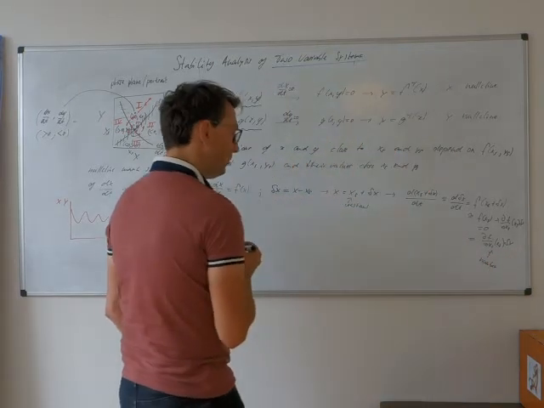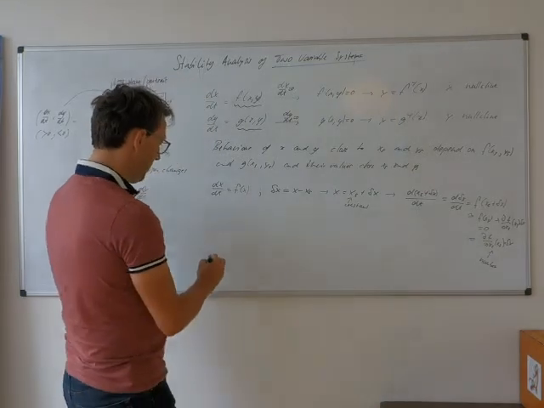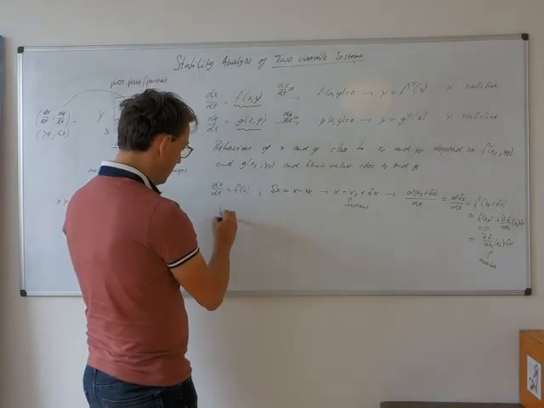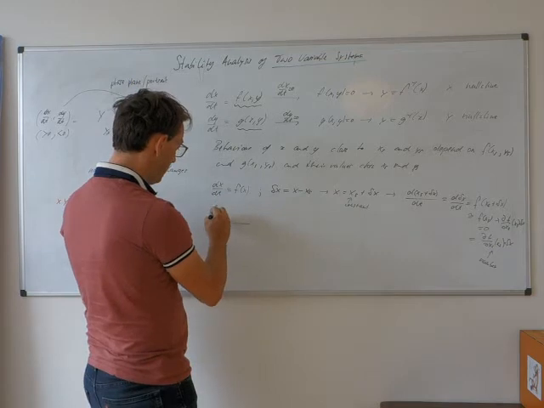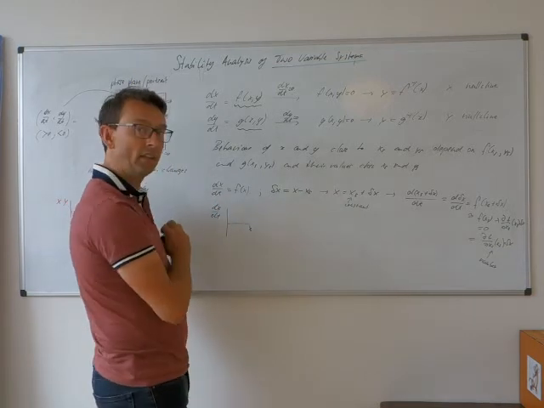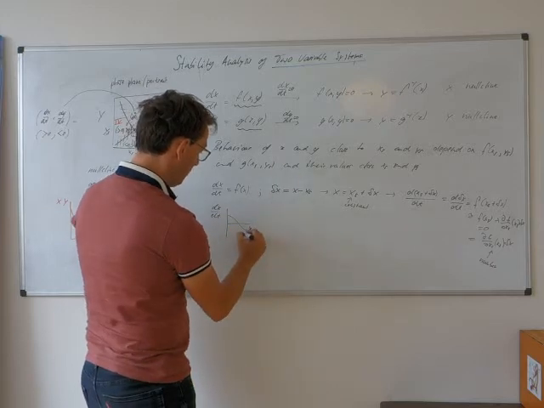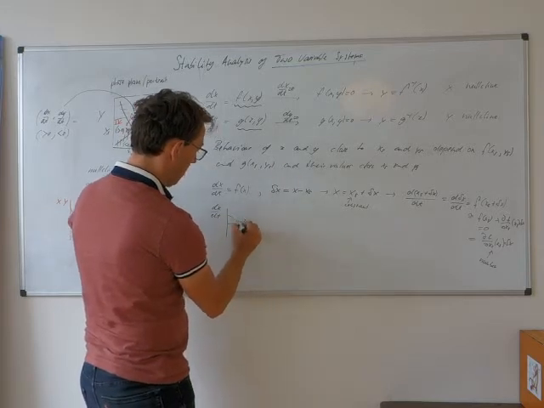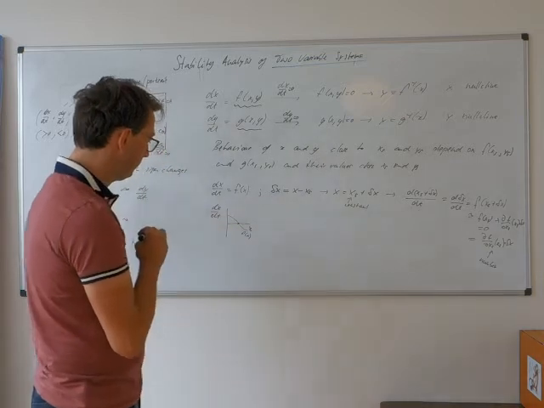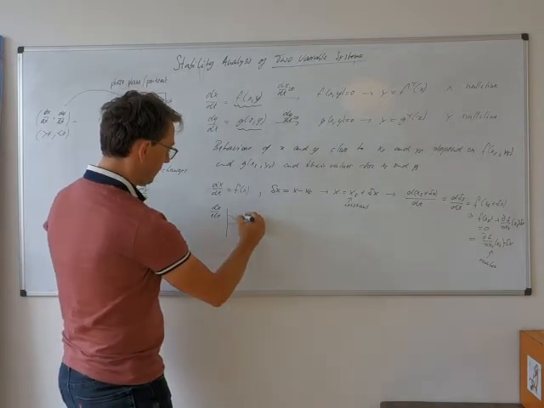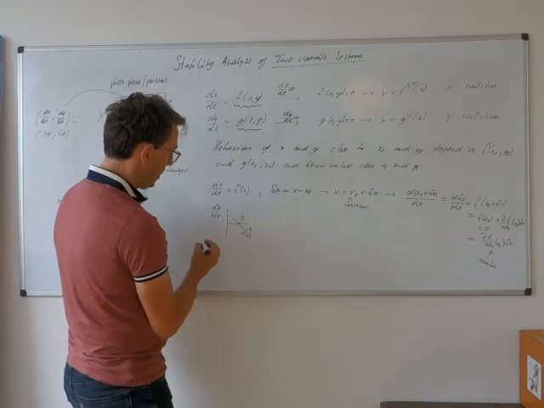The way to see that is the following. If I would plot dx/dt as a function of x, I would just sketch f of x. And here there's the steady state, because that's where dx/dt is 0.